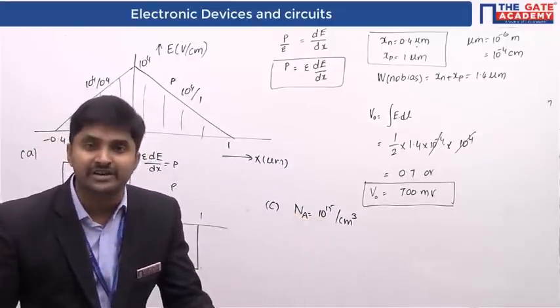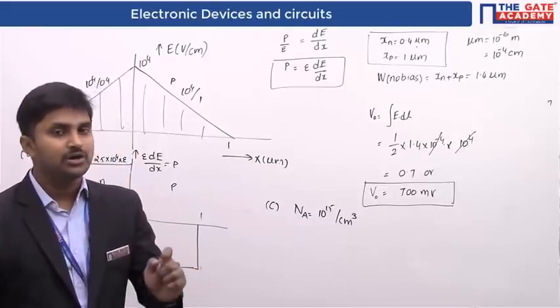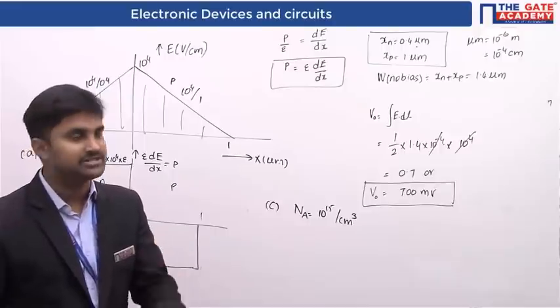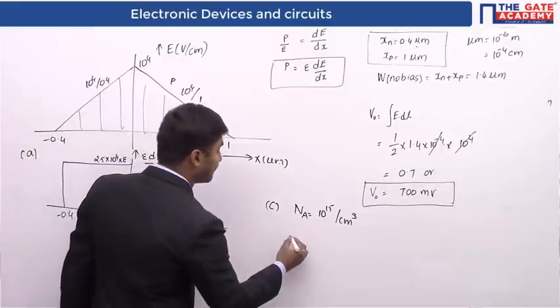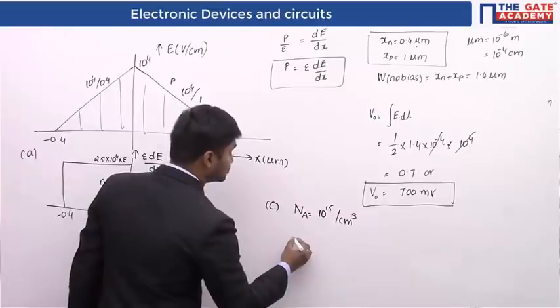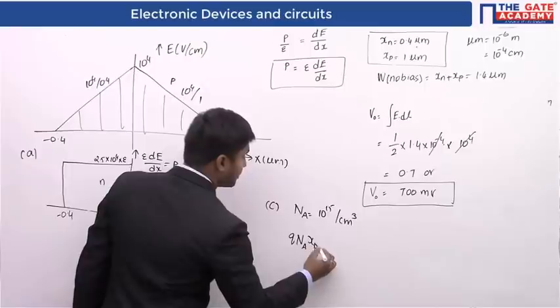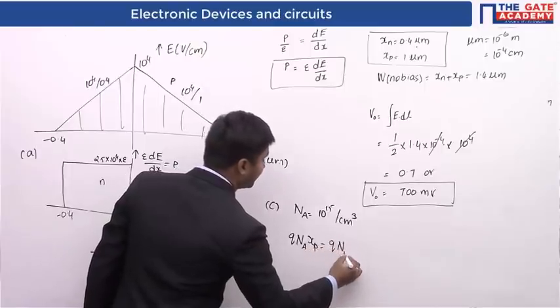And what do we have to find here? We have to find the doping concentration in the N-type region, which is given by what? We can use Q into Na multiplied by Xp is equal to Q multiplied by Nd multiplied by Xn.